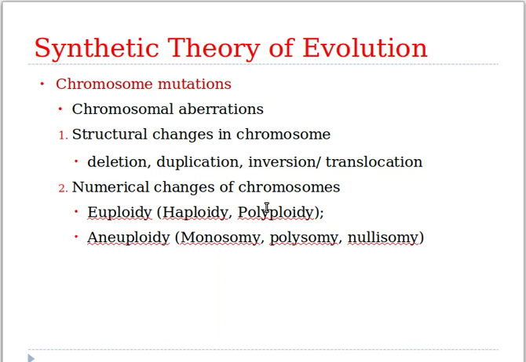But in the numerical changes, what happens is one or more whole chromosomes may be added or lost from a genomic set, or sets of chromosomes may be added or deleted. Okay, so that is what happens. So such variation in the number of chromosomes is known as heteroploidy, okay, or genomatic mutation.